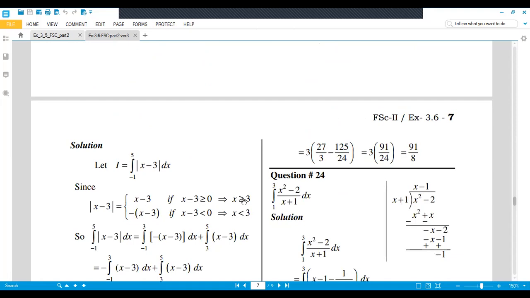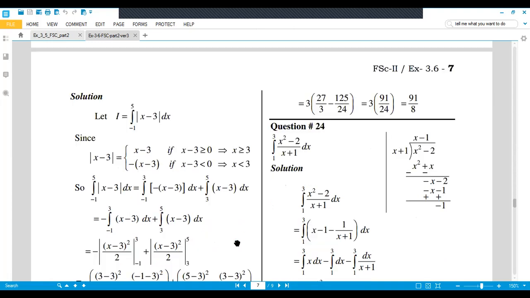For positive, x is greater than or equal to 3, and for negative, x is less than or equal to 3. So the middle value is 3. So minus 1 to 3 of minus x minus 3 dx plus 3 to 5 of x minus 3 dx.